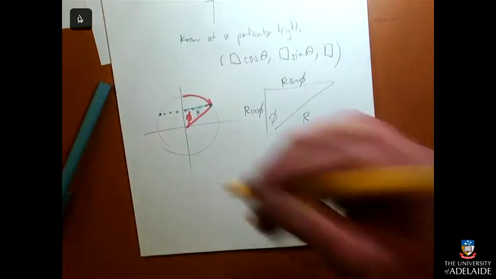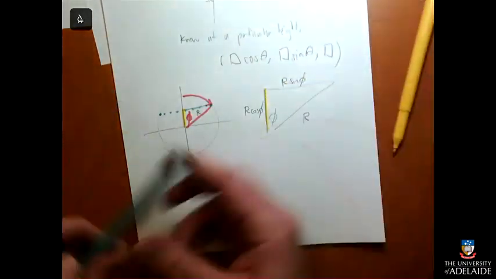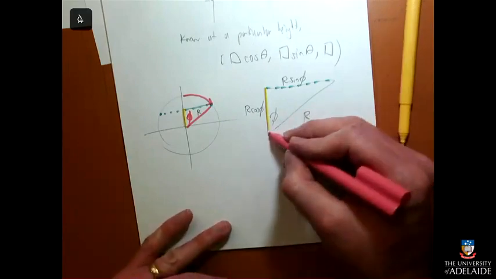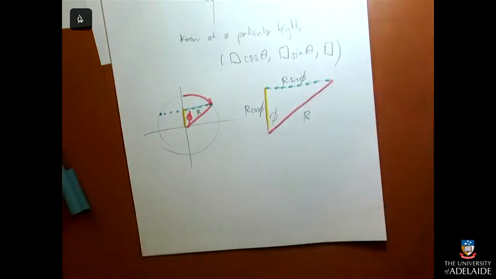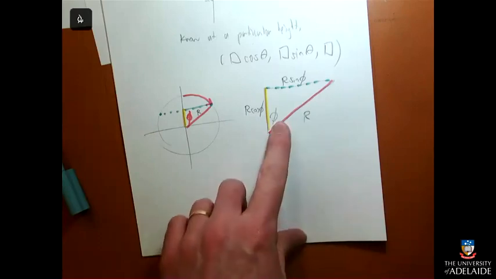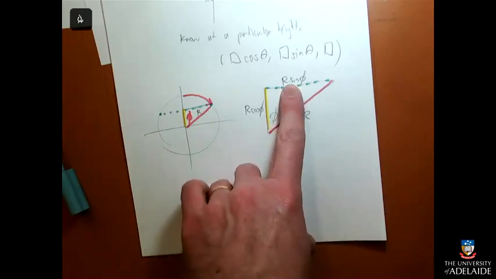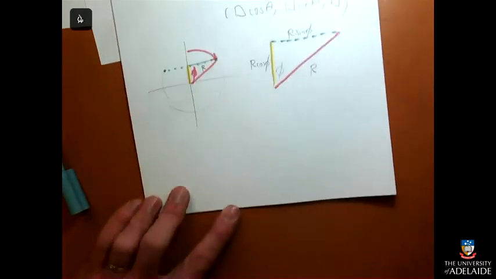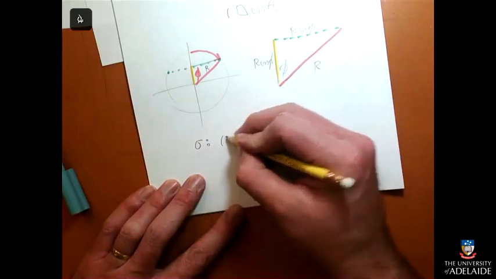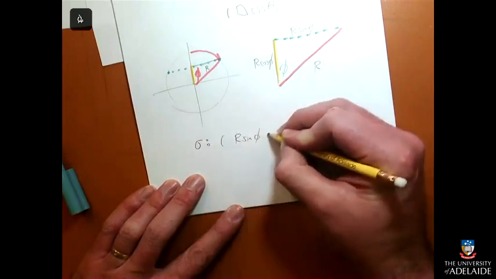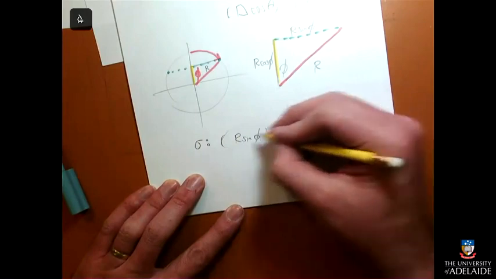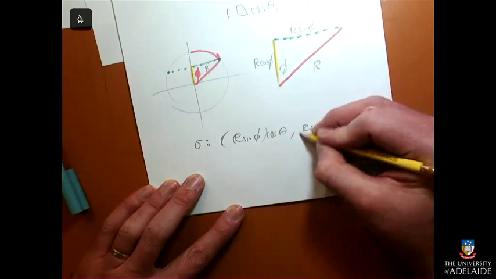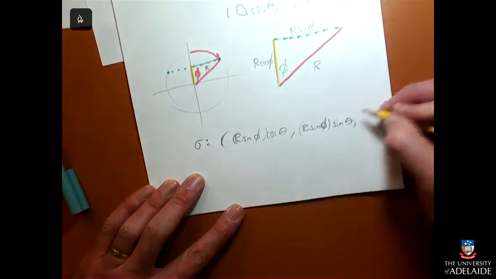Just to color code. Like that. And so it looks like the radius at angle phi is r sine phi, and that goes in this position. And the height at angle phi is r cos phi. So we have that the parameterization is r sine phi, cos theta, r sine phi, sine theta, r cos phi.